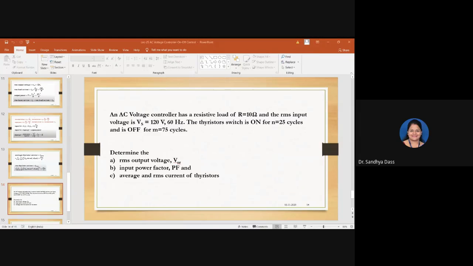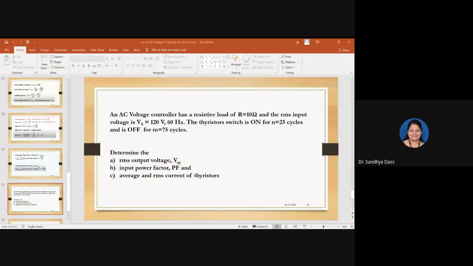How do you calculate Im? Vm by R, correct. So what is Vm?